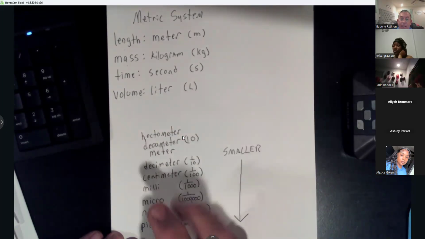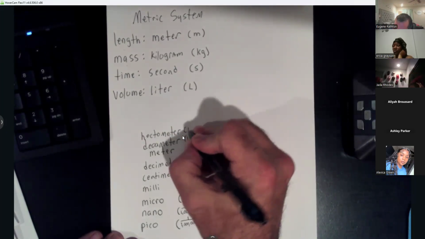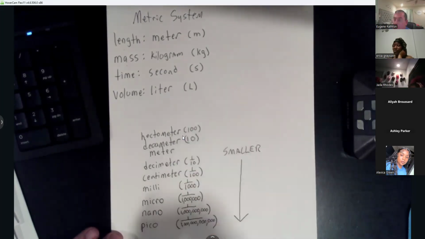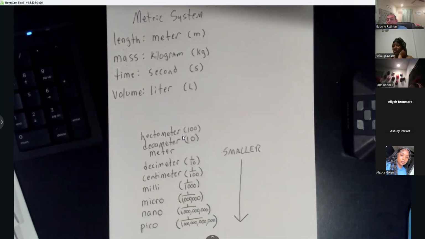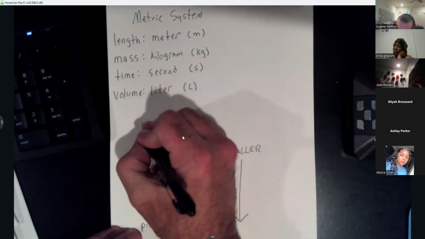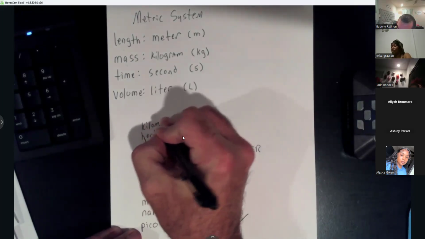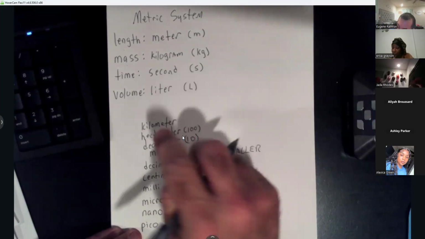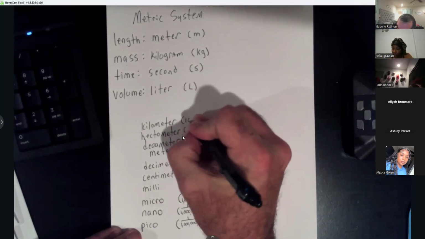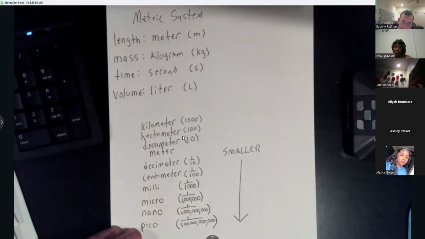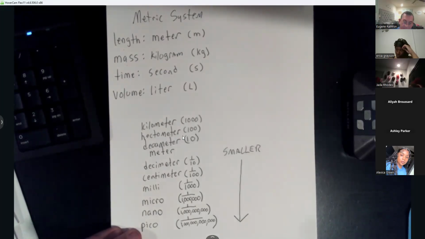Well, y'all, that is like 100 meters. So instead of saying, hey, that race was 100 meters, they say, hey, that race was 1 hectometer. All right, you got the kilometer. A kilometer is 1,000 meters.